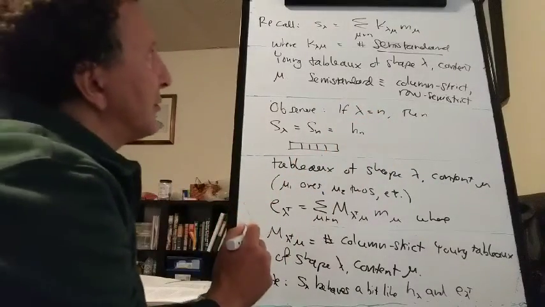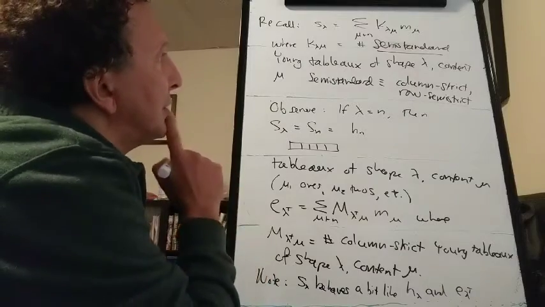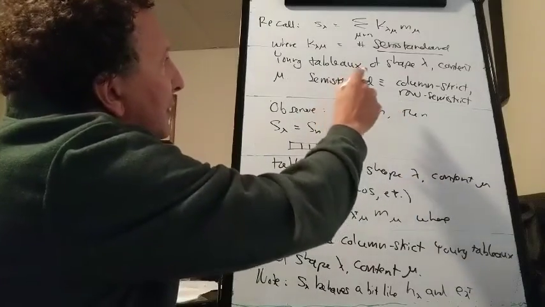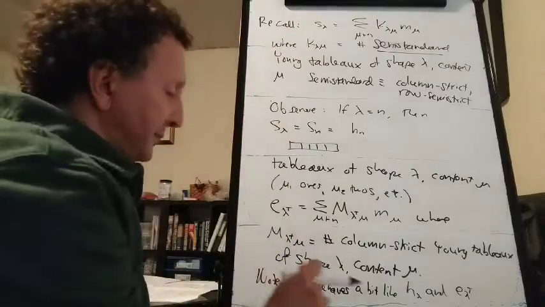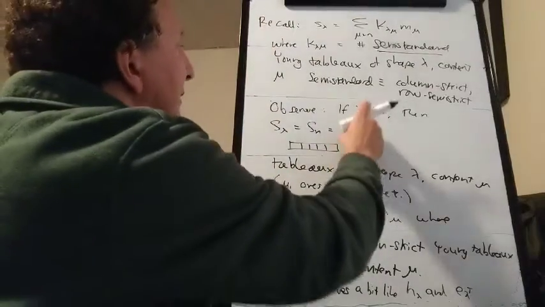The expansion in terms of monomials is just row semi-strict tableau of shape lambda and content mu.